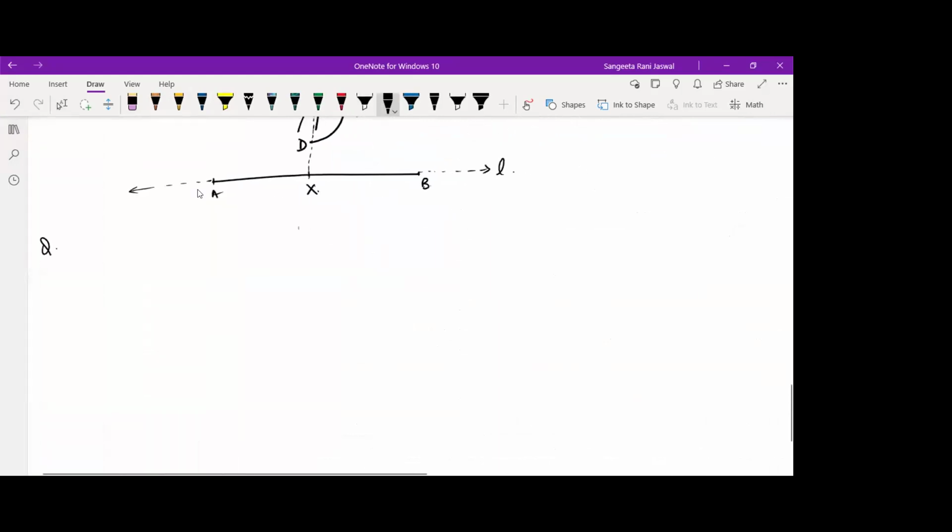Now yours was question number 1. First thing that you have to do is draw a line segment of 7.3 centimeters. Everyone please make a line of 7.3 centimeters, line segment.